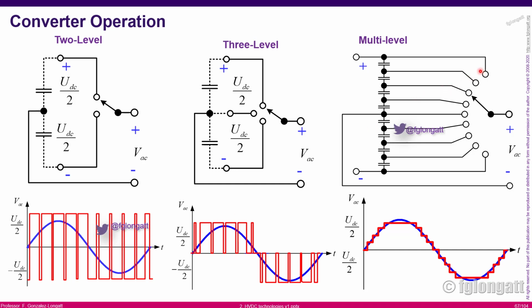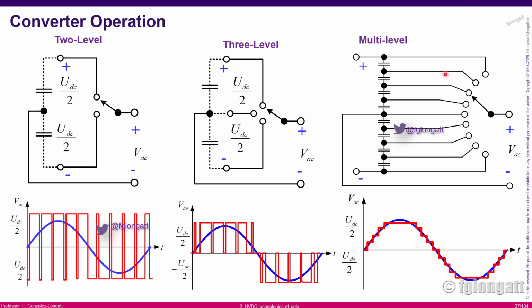However, if you have an infinite number of those switches, you can recreate this kind of sine wave much better, okay? What I'm telling you is if you have multiple levels with multiple switches, you can try to replicate closer and closer to the sine wave, okay?